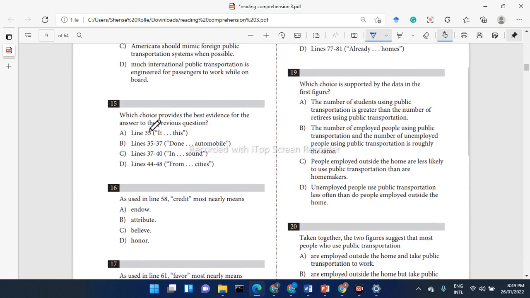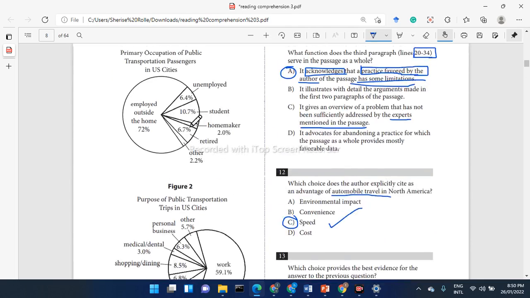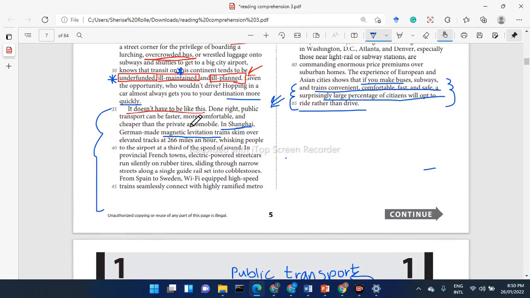Number 15. Which choice best provides evidence for the answer to the previous question? Let's see, lines 35 to 37.